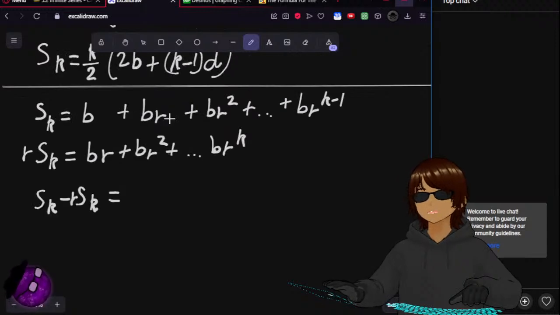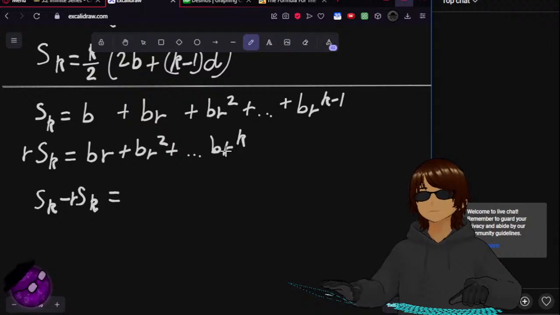So b plus br plus br squared, all of this minus this. So br will cancel out, br squared will cancel out, br cubed will cancel out, all the way till br to the k minus 1 will cancel out.